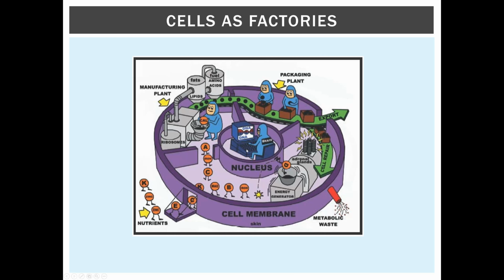And then we can make things like the ribosomes can help with making the proteins. And in the rough ER, we can take those proteins, we can fix them up and add a little bit extra to them. Then they go to the Golgi, where they're further packaged and they're exported to outside the cell. Some of those proteins may be used for cell repair. And then down here, we've got our energy generator, which is our mitochondria making our ATP.